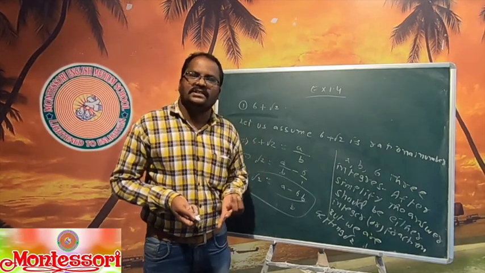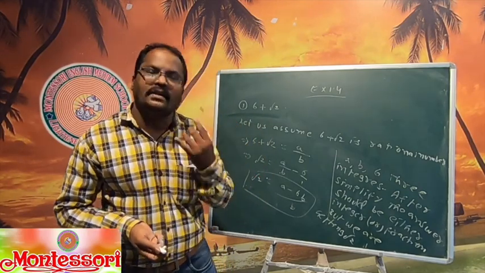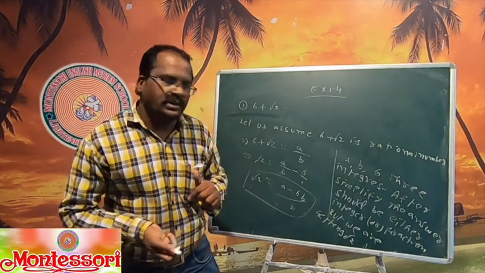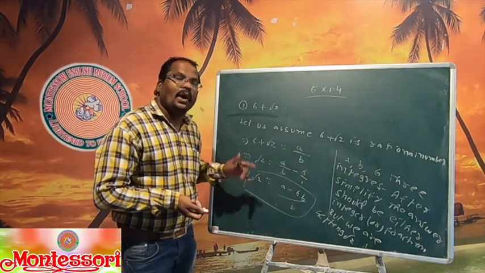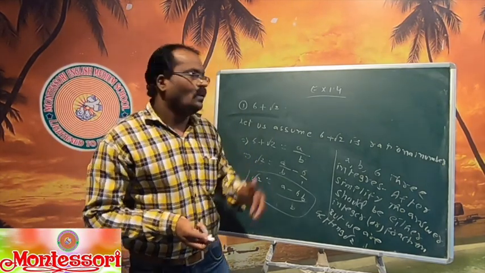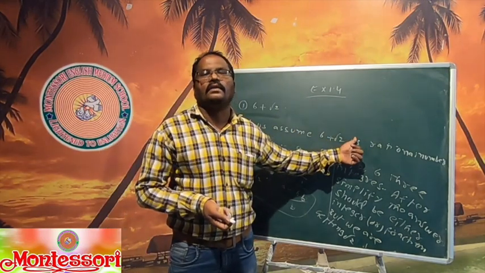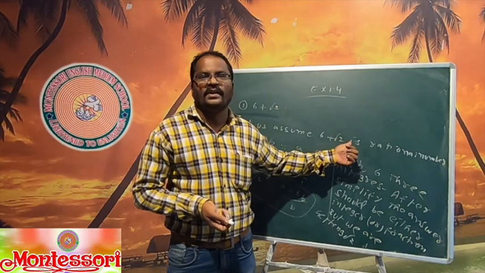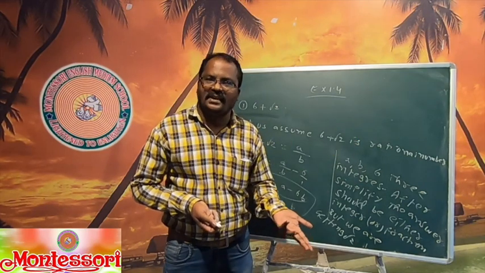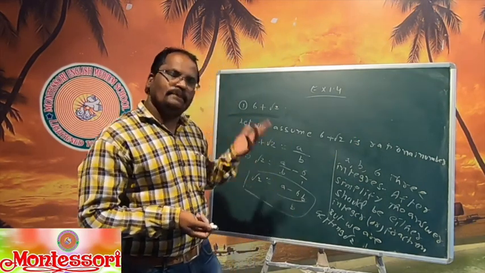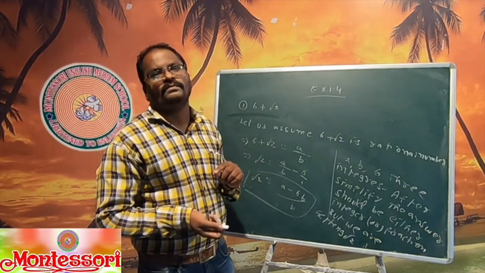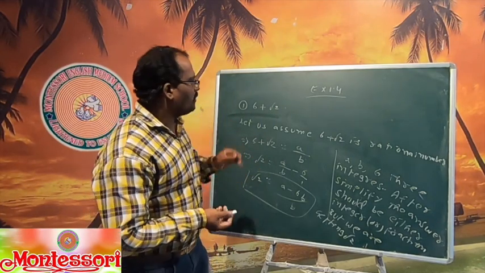After simplification of the integers, the answer should be an integer or fraction. But what you are getting here is an irrational number. Why are you getting irrational number? What you supposed, that 6 plus root 2 is a rational number, this is wrong. This is false. You have assumed. So what will you give as the answer? 6 plus root 2 is an irrational number. Confirm. Do you understand?